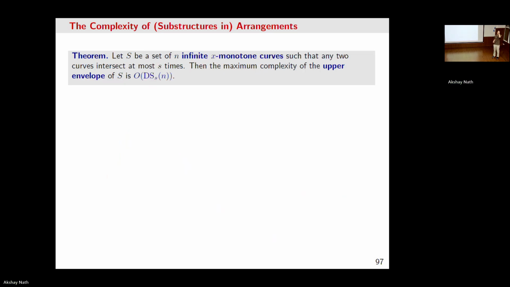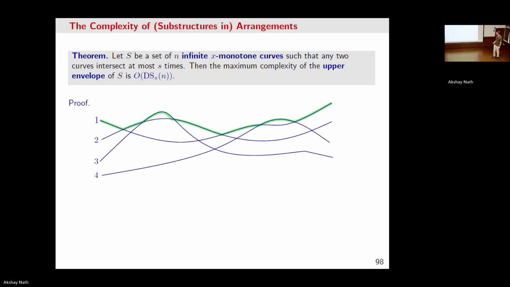Now let's look at the upper envelope. And let's assume that my curves are x-monotone, so they don't curve back, but every vertical line intersects the curve at most once. And actually, they're infinite, going all the way from minus infinity to plus infinity.